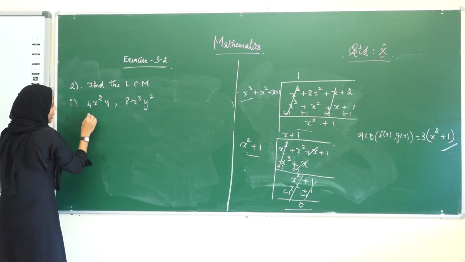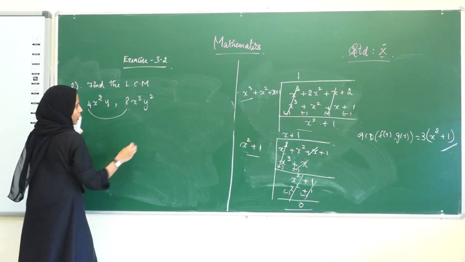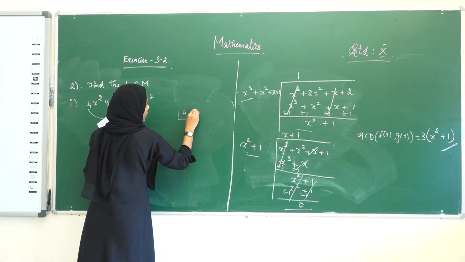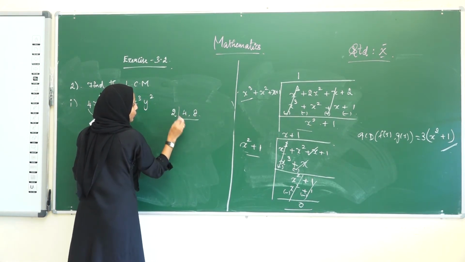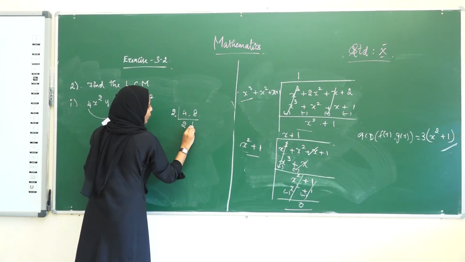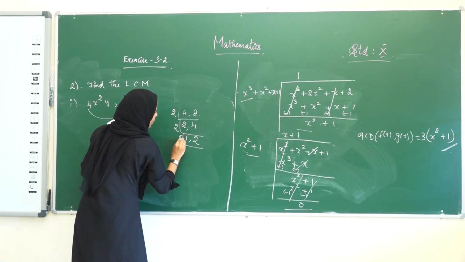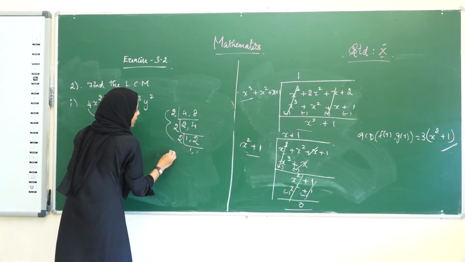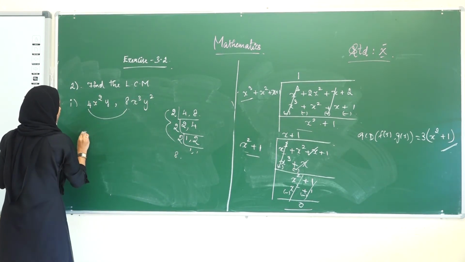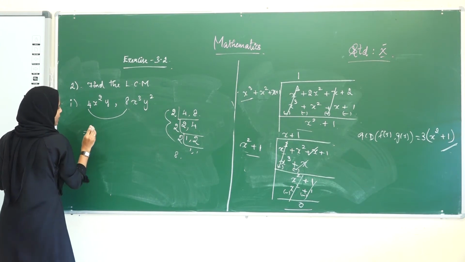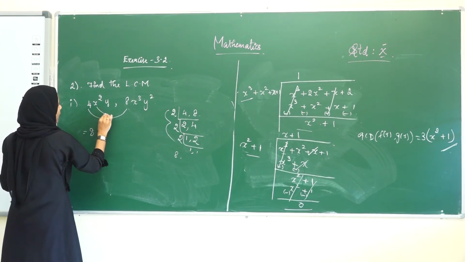First we consider the coefficients alone, that is 4, 8. How will you find the LCM of 4 and 8? 2. 2 2s are 4, 4 2s are 8, again 2, 1 and then 2, again 2, 1, 1. On multiplying this, 8.